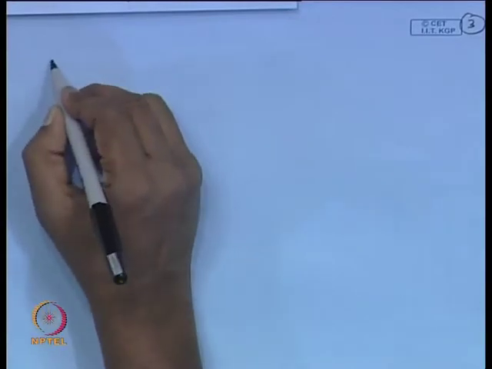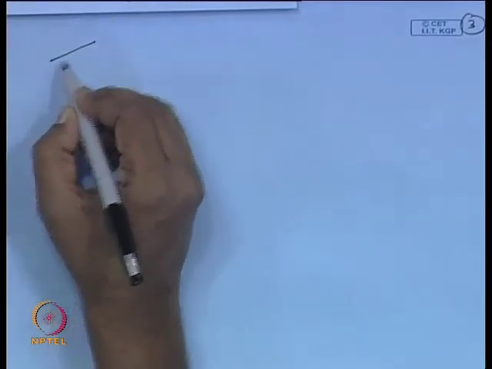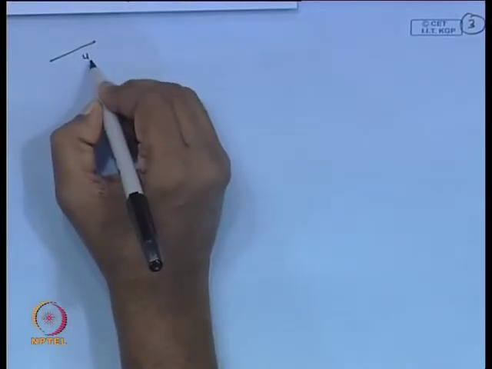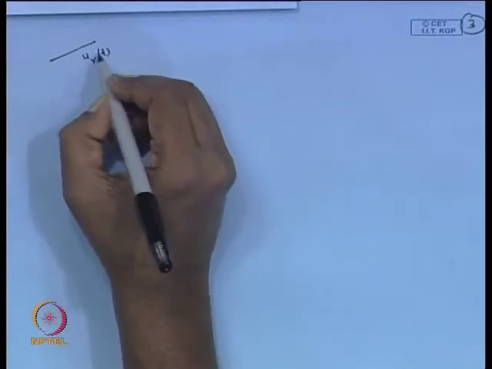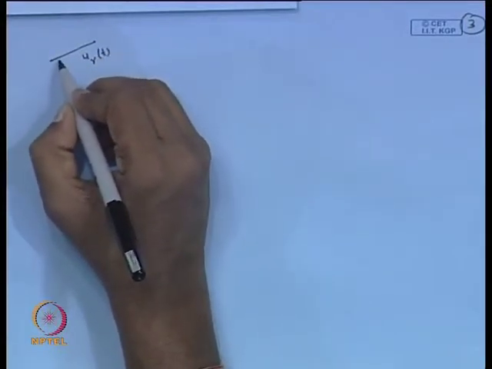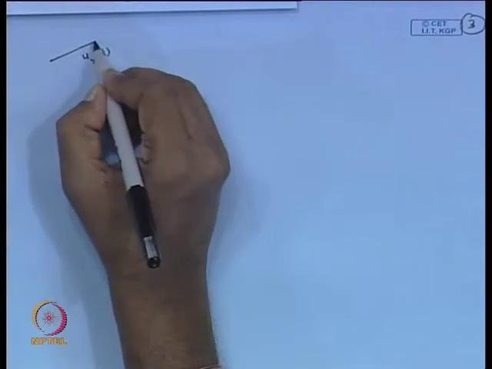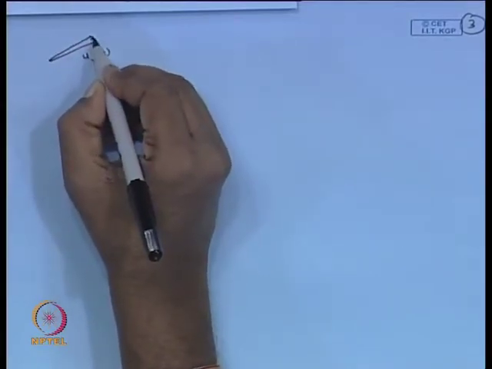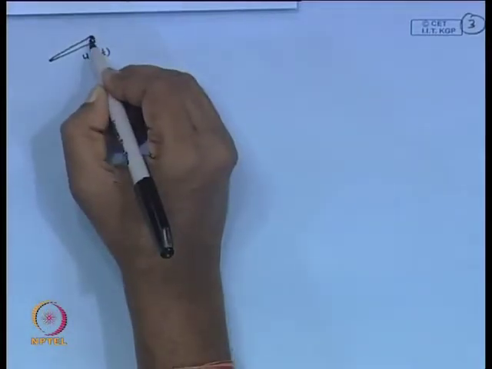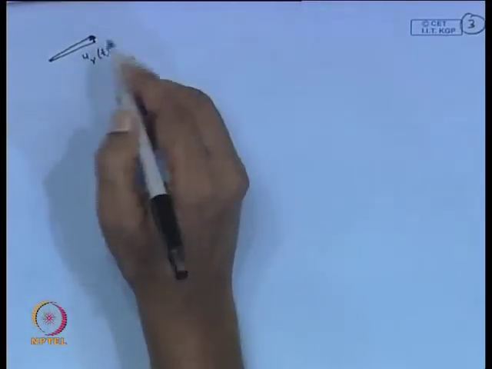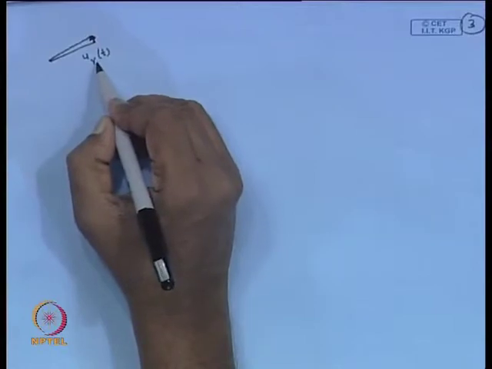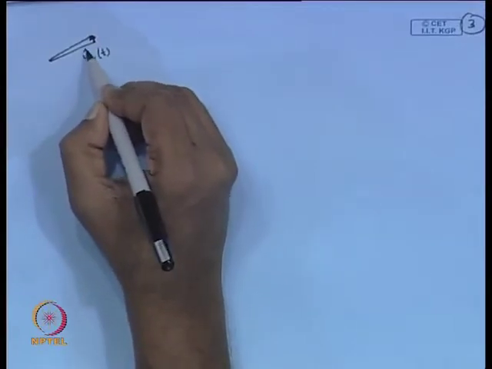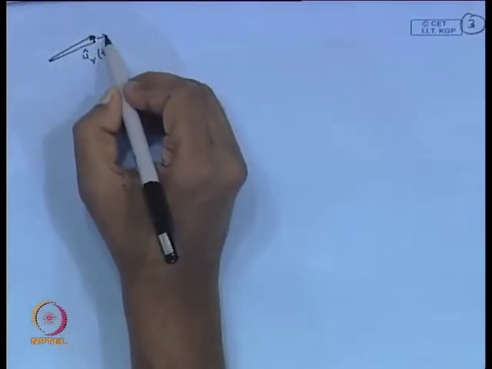Now, as we are taking this u r at t, as delta t becomes smaller and smaller, the change can be indicated by an arrow which is perpendicular to the u r vector. So, this is perpendicular to the u r vector.